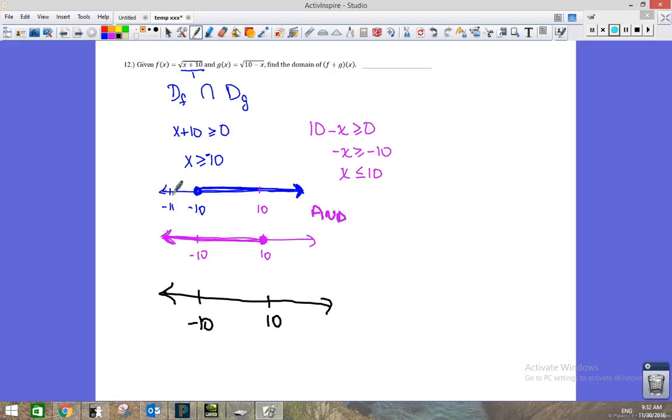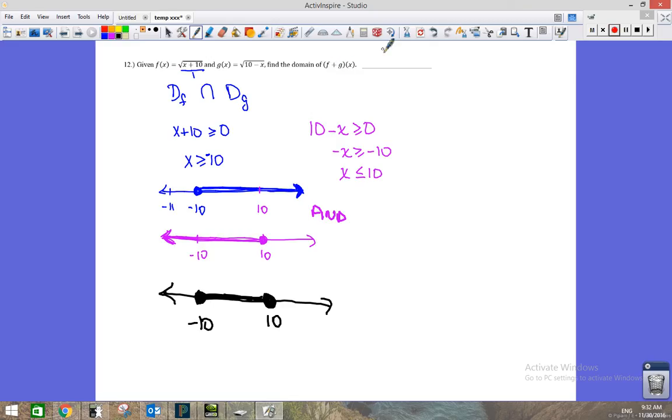Let's start with -10. It's shaded in both, so it's going to be shaded in my answer. To the left of -10 is not in the first set, so it has to be in both to be in the answer. Between -10 and +10 is in both, so it's in my answer. To the right of 10 is not in the domain of g, so it's not in the domain of my intersection. So here's a picture of my answer.